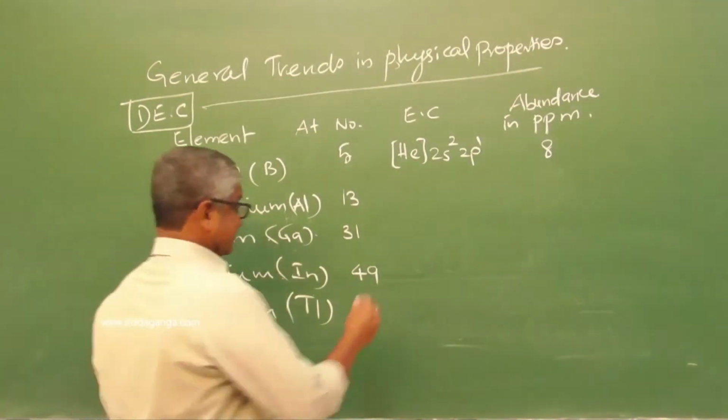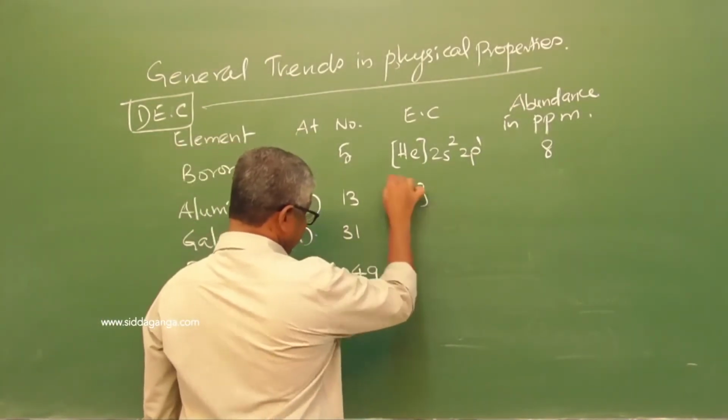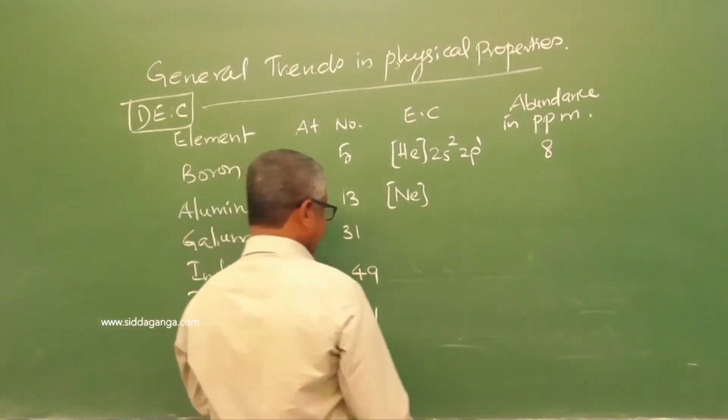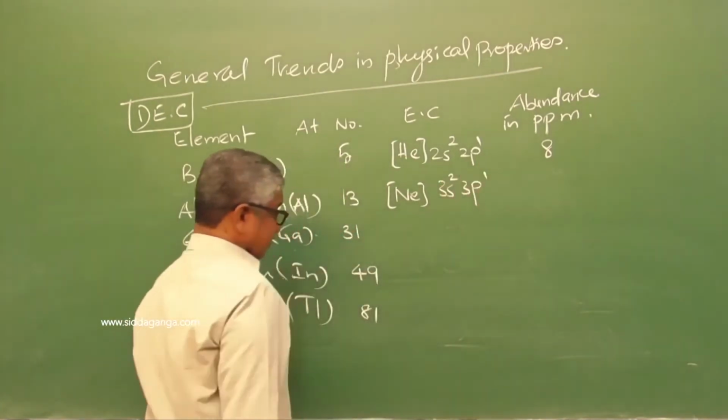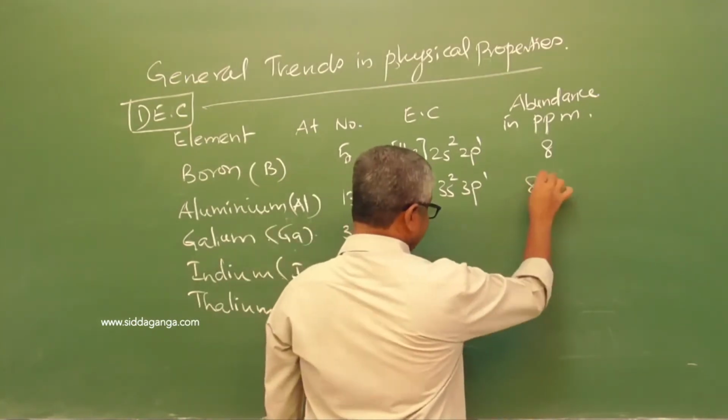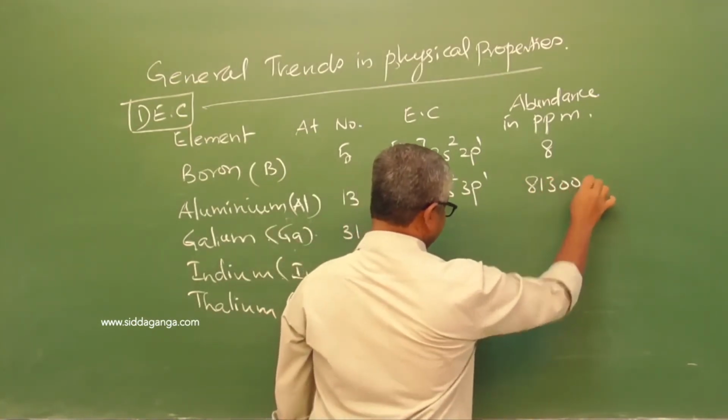Aluminium is neon core, atomic number 10, 3s2 3p1. It is available about 81,300 parts per million.